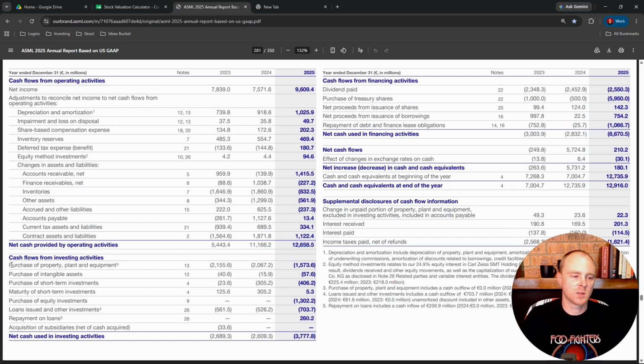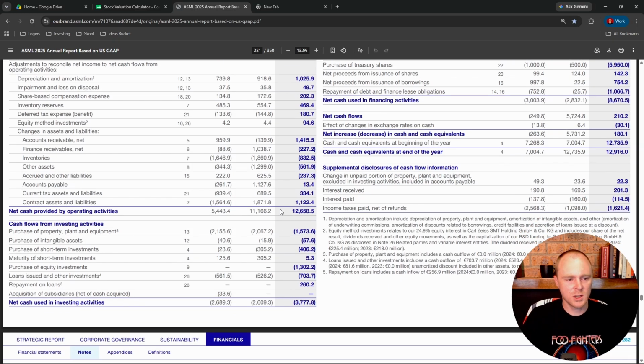Now we need the purchases of property, plant, and equipment. So what does it need to maintain its current position? We can see that it actually has decreased into the year 2025. So for me, looking at the slight growth that the business has had and the services division, it doesn't need much to be able to build out that services part of the business, because it's purely people, tools and equipment, and that's about it.